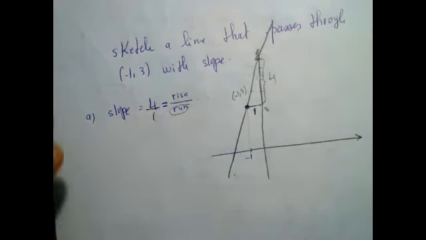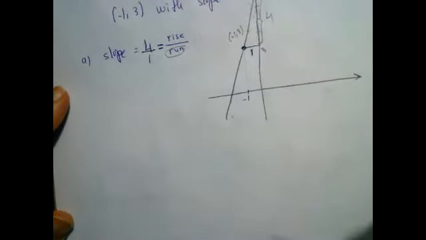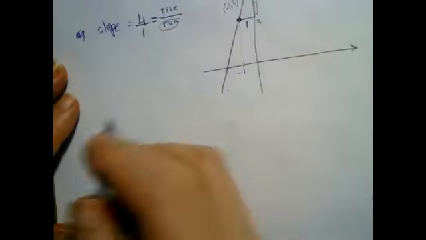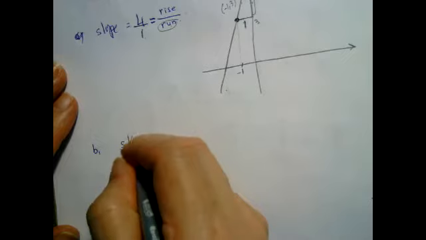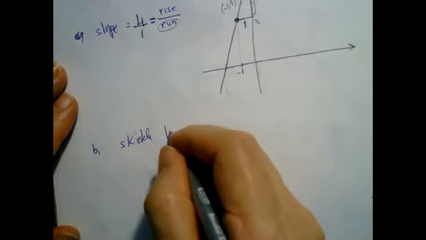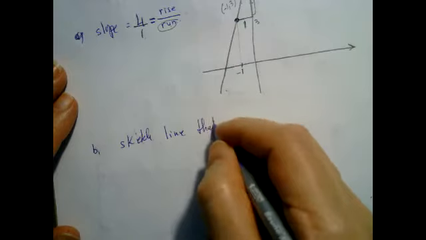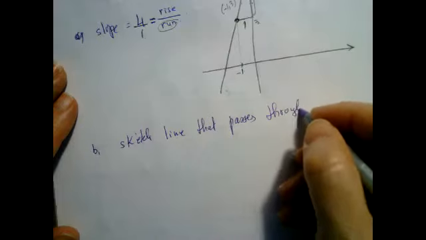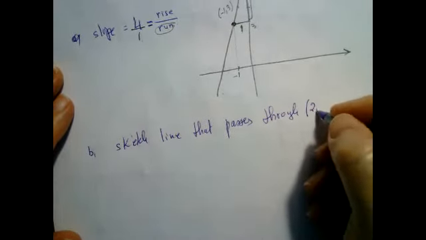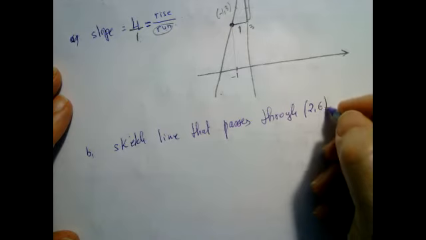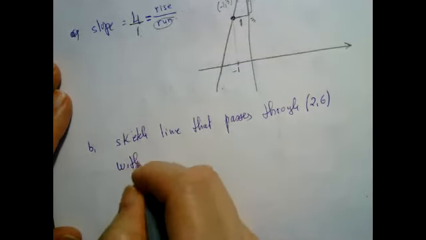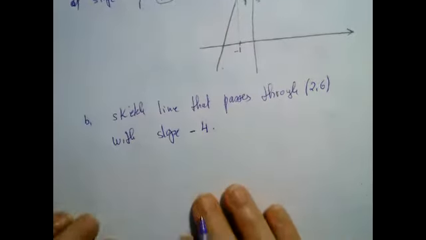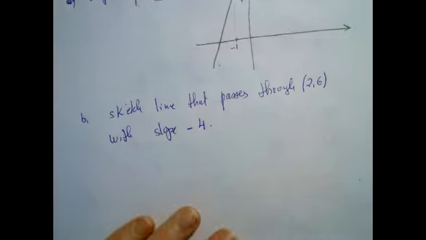Okay. Example number 2. Let me change the point a little bit. Again, we're going to sketch the line that passes through another point, (2, 6), and with slope -4.